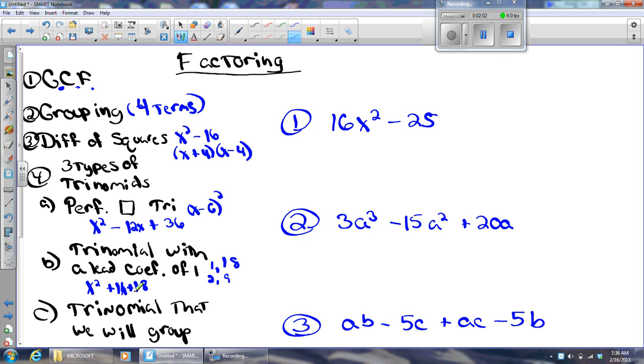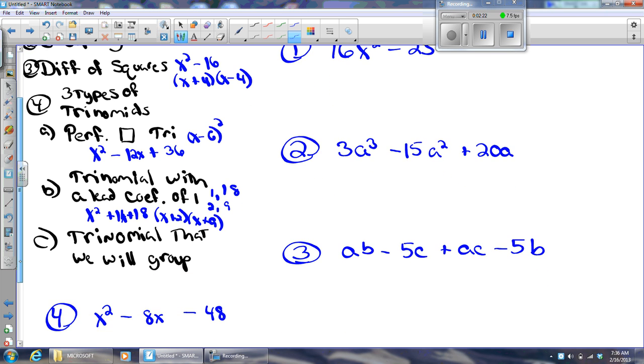And I look at the third term, and if it's a plus, I'm going to add. If it's a minus, I subtract. Well, in this case, I want to add to get 11. So we'd factor pretty simply as x plus 2 and x plus 9 in quantities. There you go.